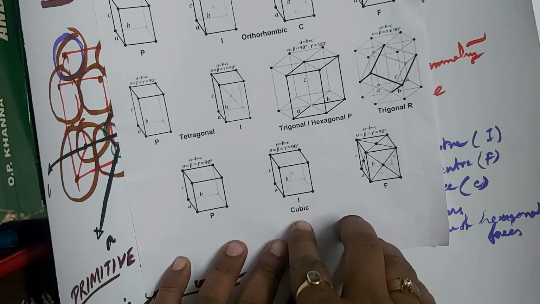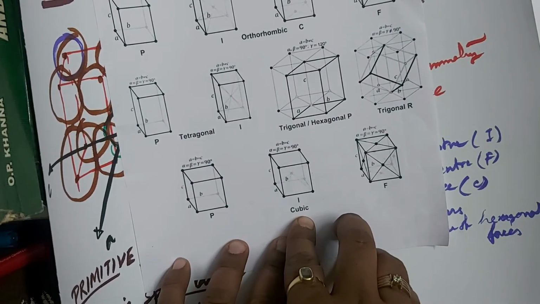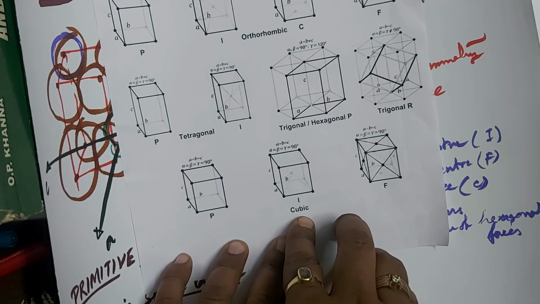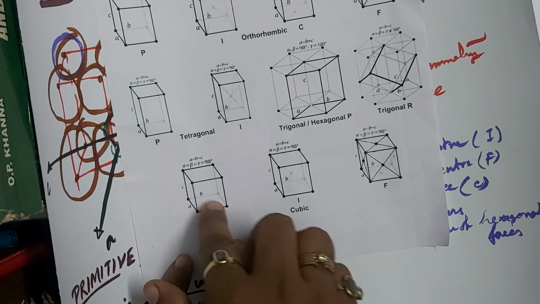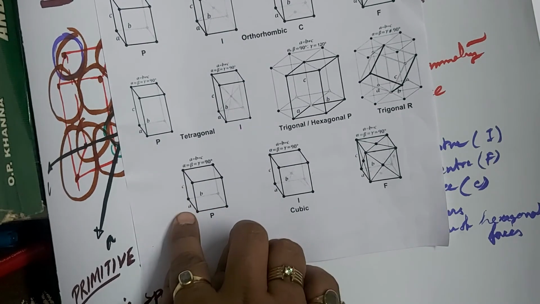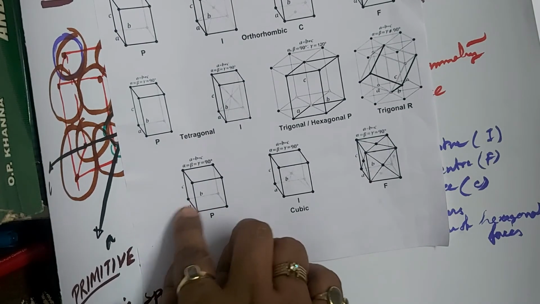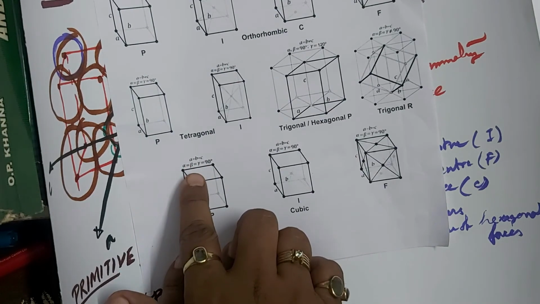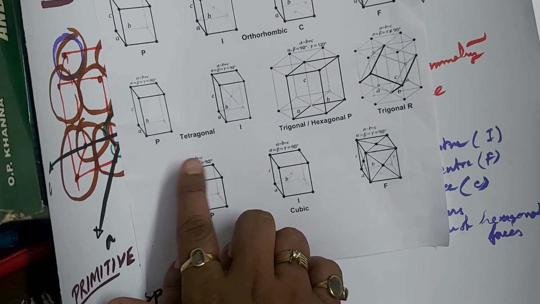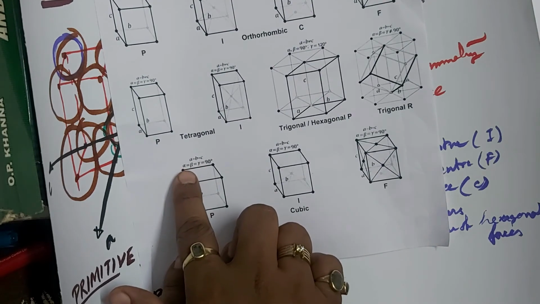So here you can see in cubic, as I already told you, there are 3 types of cubic cells. One is simple. In simple, these vectors are a, b and c. a is equal to b is equal to c, and the angles between these arms are alpha, beta and gamma.